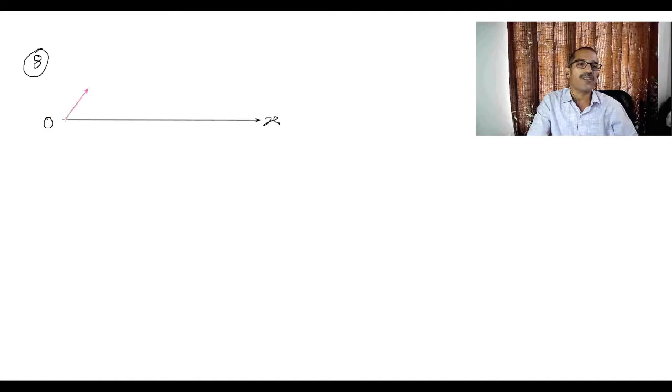This is the initial velocity, u0 and theta 0. Now motion can start here, but where the motion ends depends on the condition.